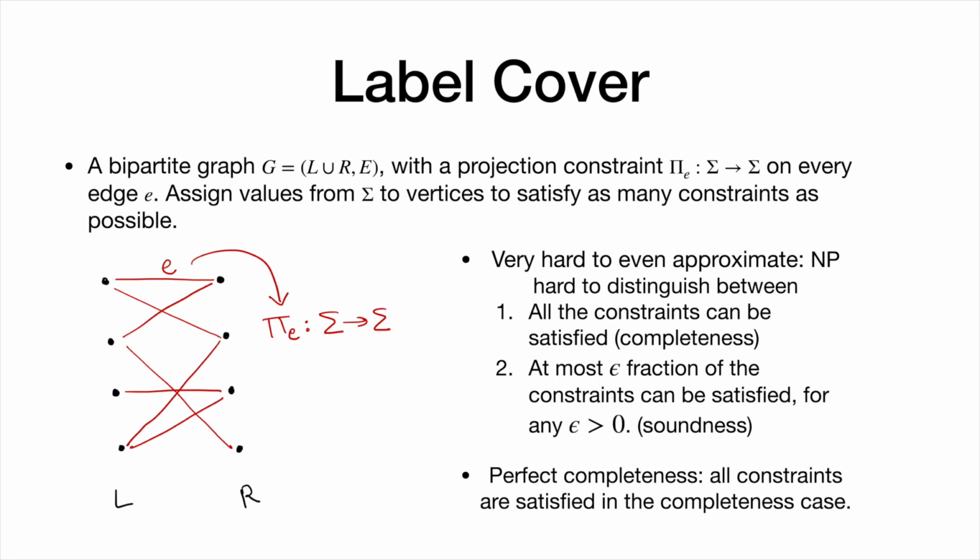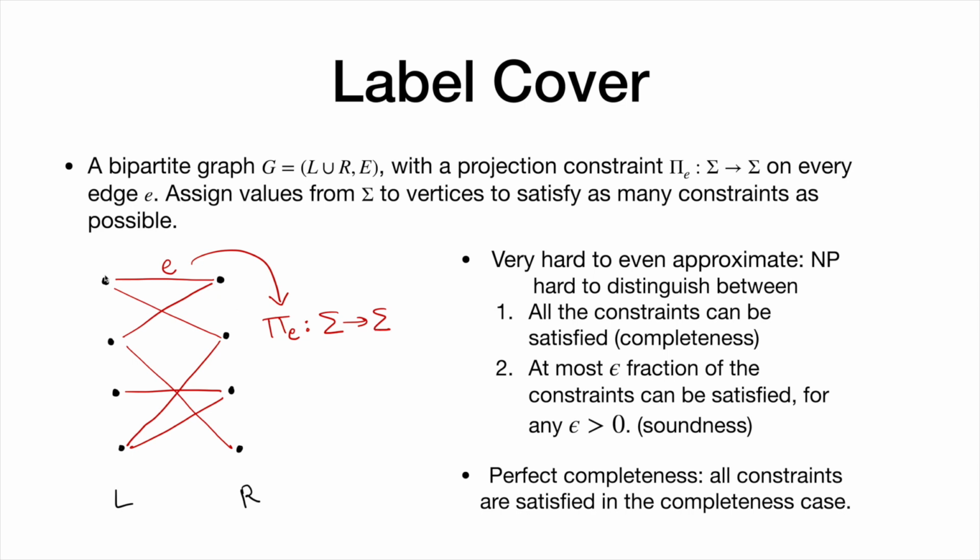The important point is that this constraint is a projection constraint, or more informally, it's a function. That is, for every assignment to the left variable, there is only one assignment to the right variable that satisfies it. In the unique games conjecture, this pi is actually a bijection.